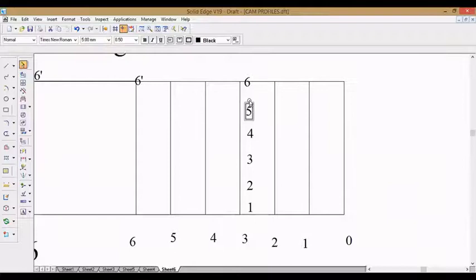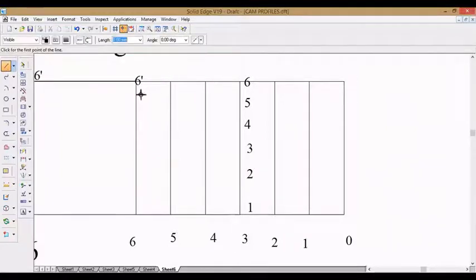5, I will take a little bit upside. Join the numbers accordingly. Join 6 dash. This is 6, and let me complete this. This is 5, and the 5 intersections.